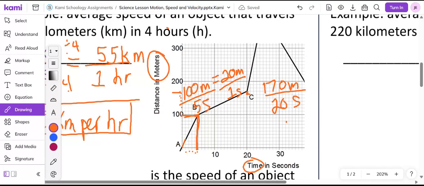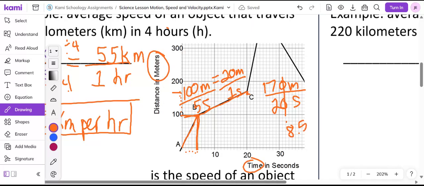It looks like we're going at a fast speed, 20 meters a second, and then it looks like it slows down. We're not going as far in meters as we are with seconds. So we have 170 divided by 20. If we simplify that rate, divide by 10, divide by 10, 17 divided by 2.